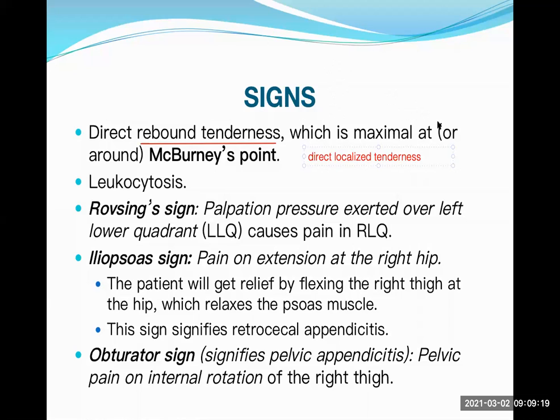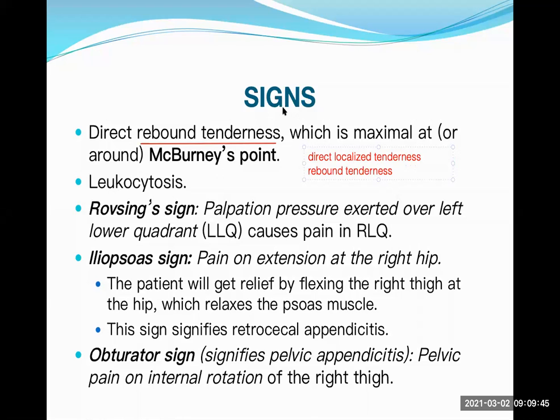And during that time, the pain is even more, because there is sudden stretching of the peritoneum. So this is known as rebound tenderness. So always remember this. Rebound tenderness is even more important in this case. But direct tenderness is also important. I'm not saying otherwise, but rebound tenderness has to be elicited.